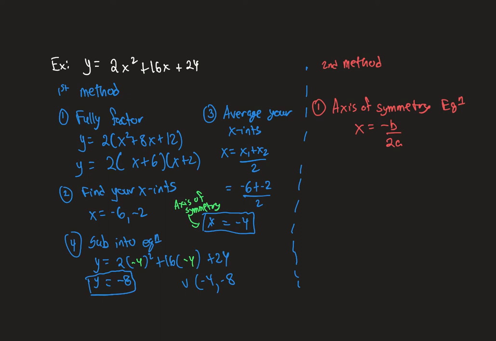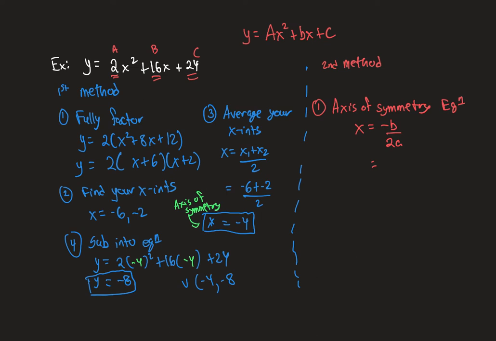What is b and a, you ask? I know nobody asked, but I like to talk to myself. Remember, standard form, ax squared plus bx plus c. So my b value in this case is the 16, my a value is the 2, and my c value is the 24.